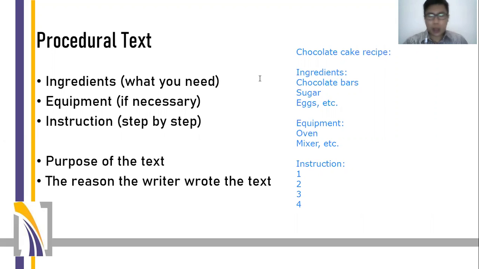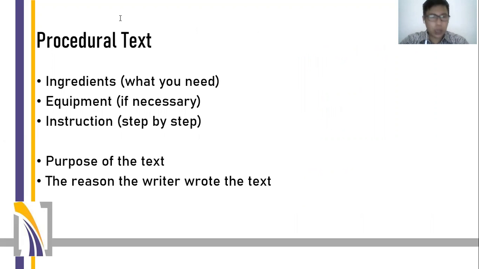It's not that hard. Procedural text is the easiest of the four types of text, and you can clearly see it. Okay, moving on.